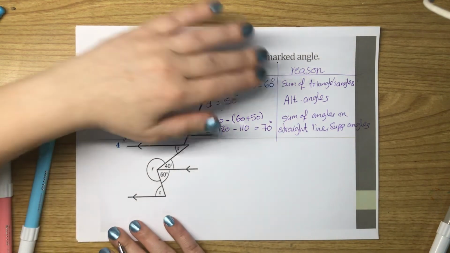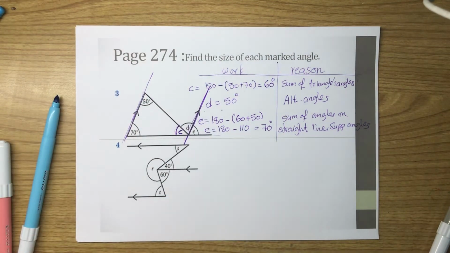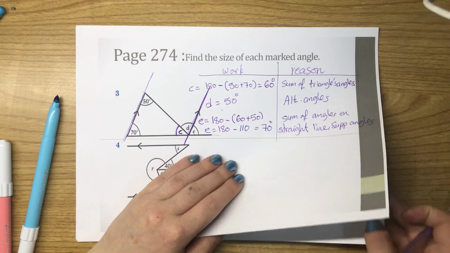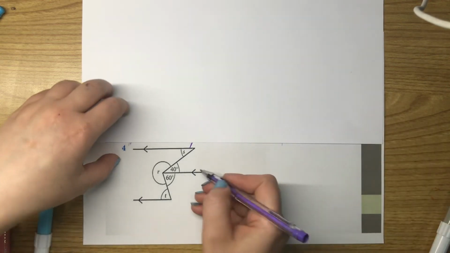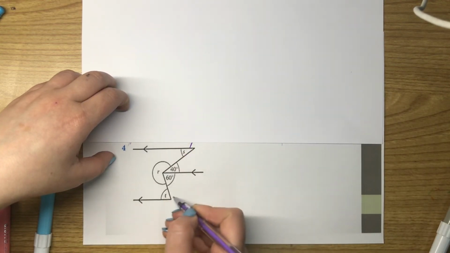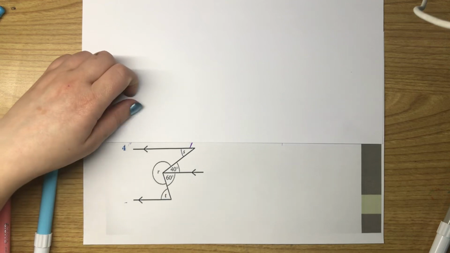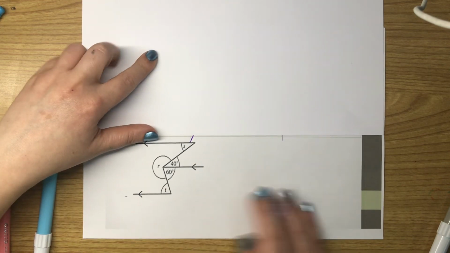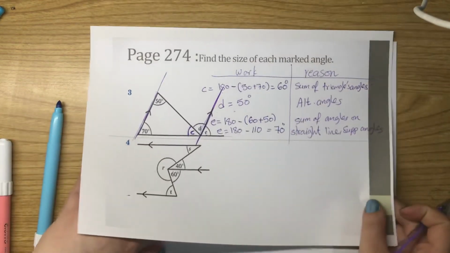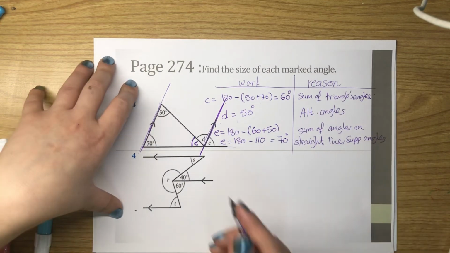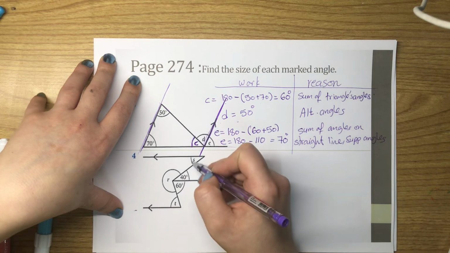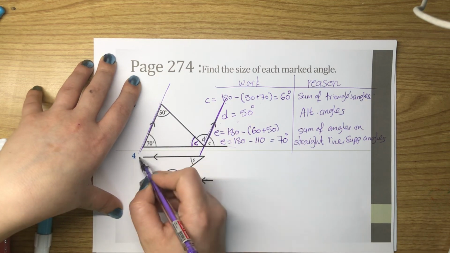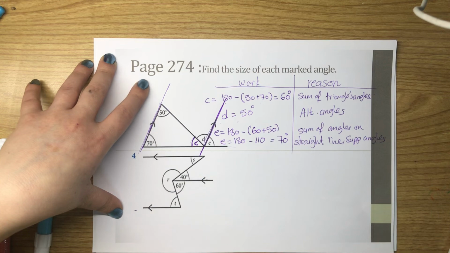Okay, next question. Let me cover this one. 1, 2, 3 parallel lines. So here is a line, parallel, parallel. You can find the value of S by using alternating angles.